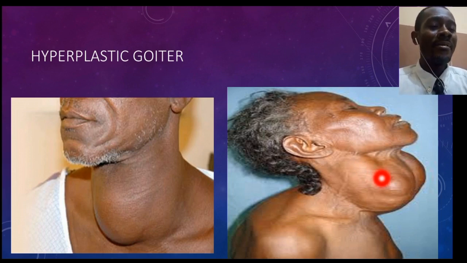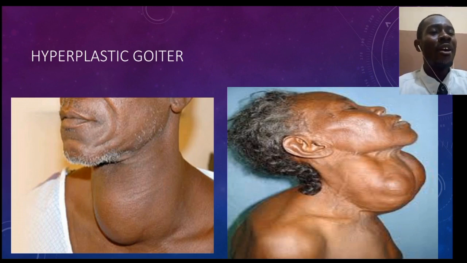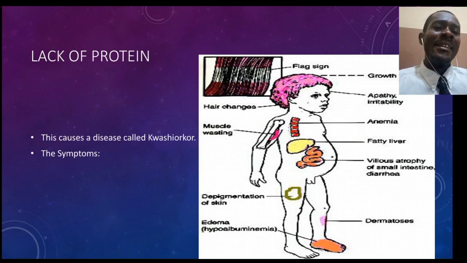And if care is not taken, it can block so many other activities in the body. These are hyperplastic goiter patients. Their necks are swollen. So this is one of the basic symptoms you will use in noticing somebody who is lacking iodine.